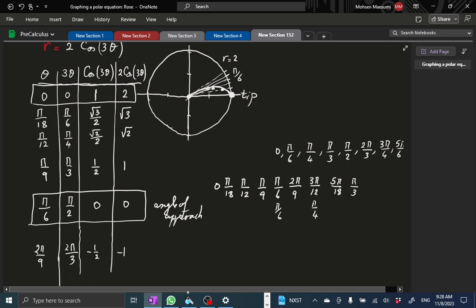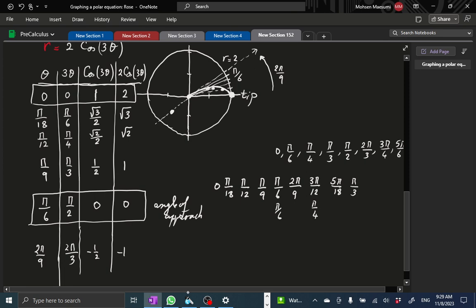rose? The rose continued on the other side. You have to go on the other side. So the angle by now is 2 pi over 9. That is where the axis is. Where is -1 on that axis? It's on the other side.